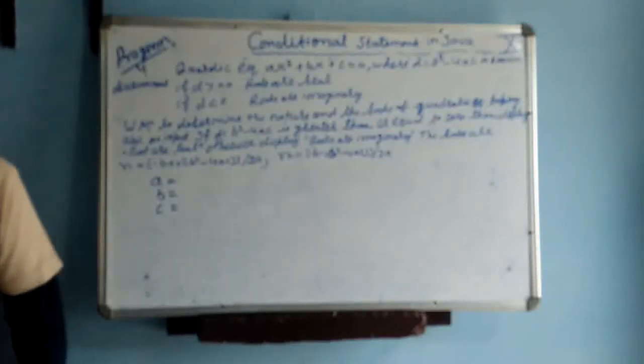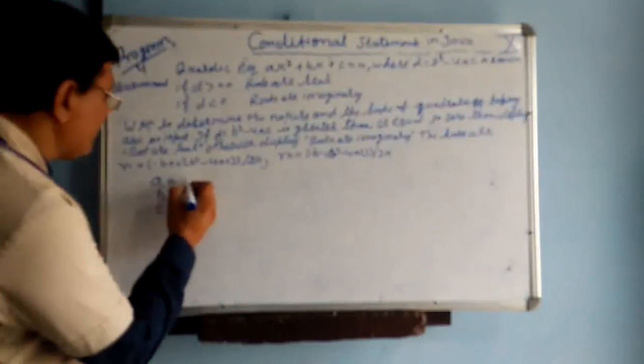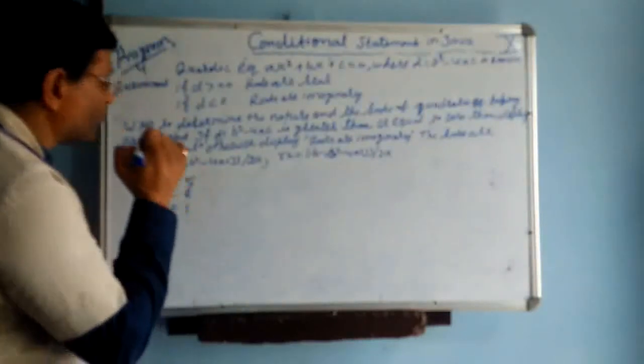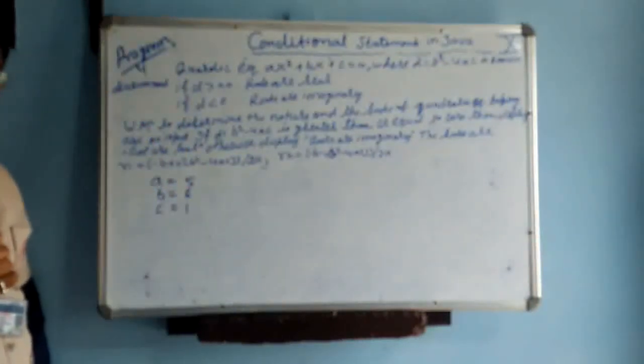Suppose you have given the value of a as 5, the value of b as 6, and c as 1. Clear?